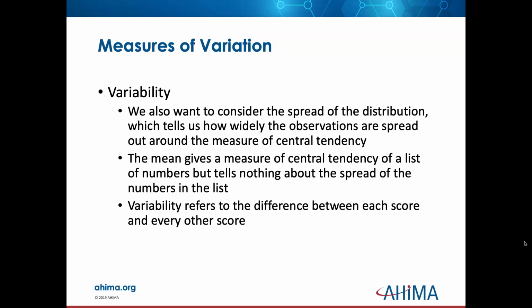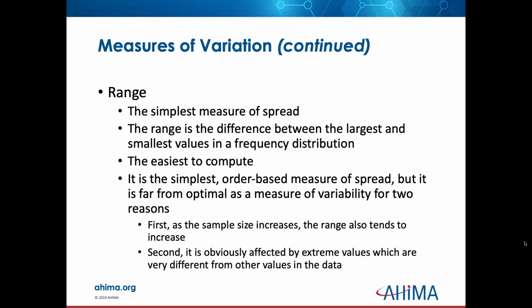So variability refers to the difference between each score and every other score. It gives us information that the central tendency can't give us. So that's why sometimes when we're handling statistics, we want to do both central tendency and variability. So keep that in mind.